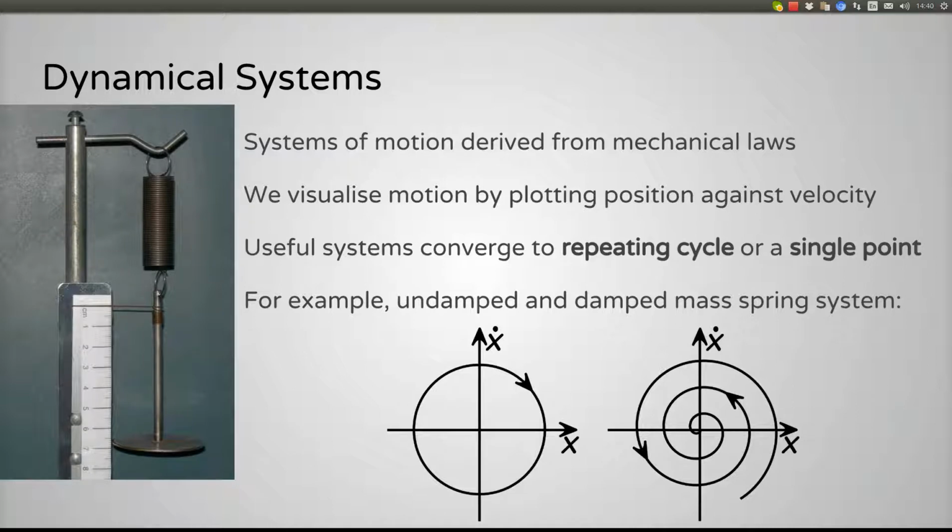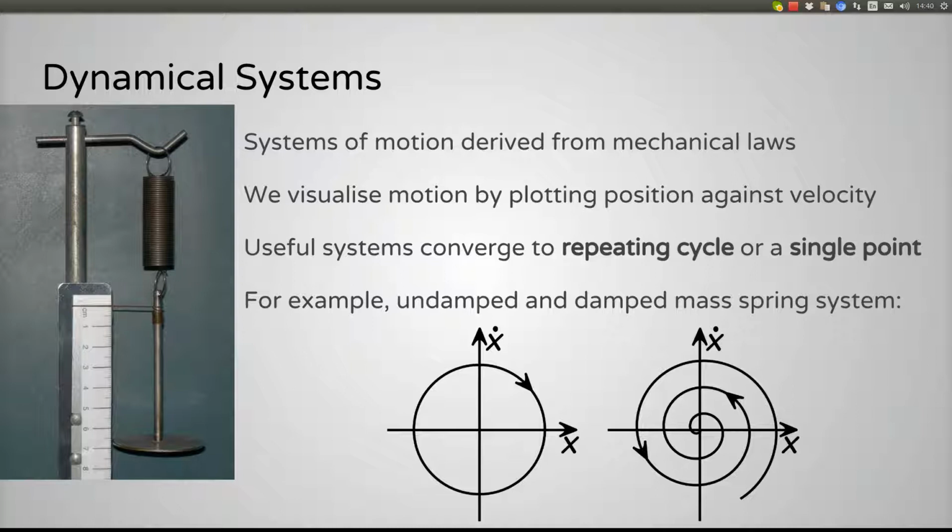This is a mass spring system, which basically means we have a mass and we have a spring, which has some sort of stiffness. The mass spring system is often used as the simplest possible example of a dynamical system. It's essentially described as a differential equation if you're into that sort of thing.